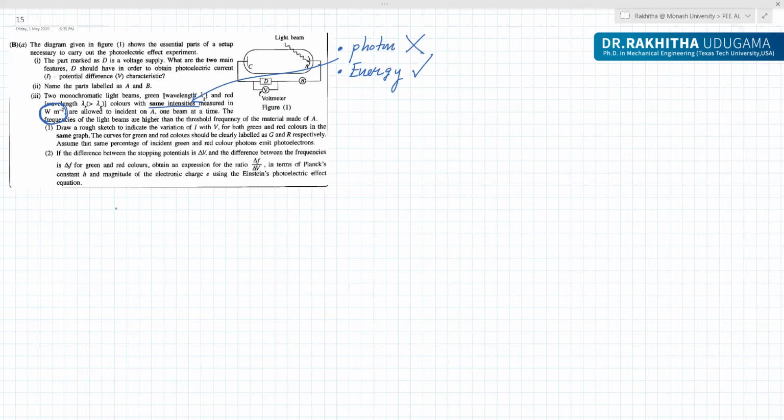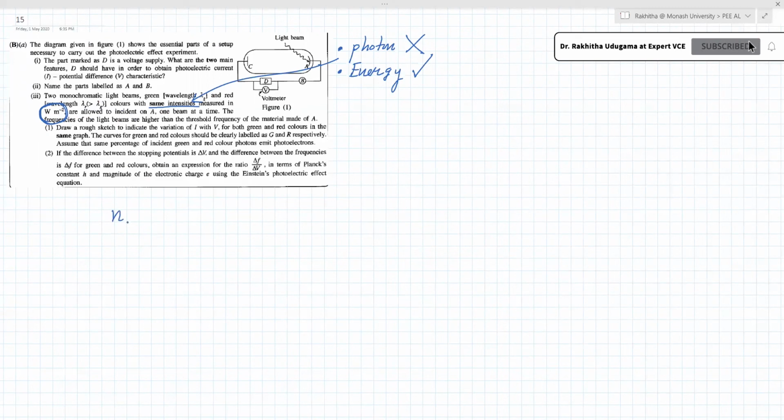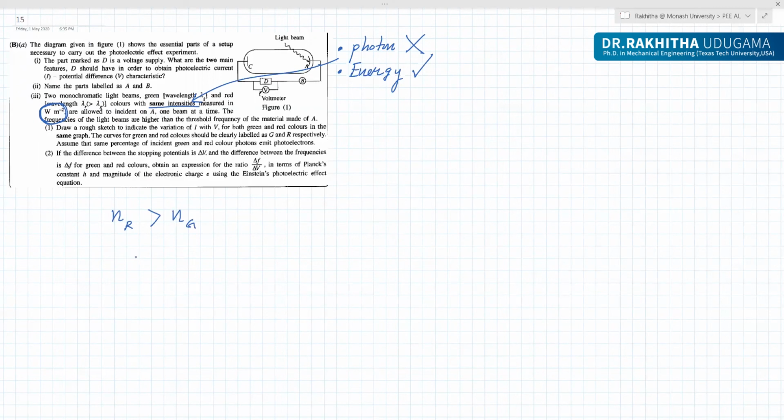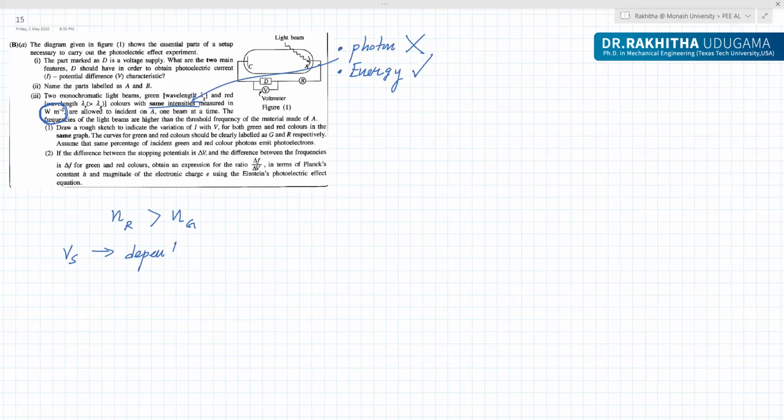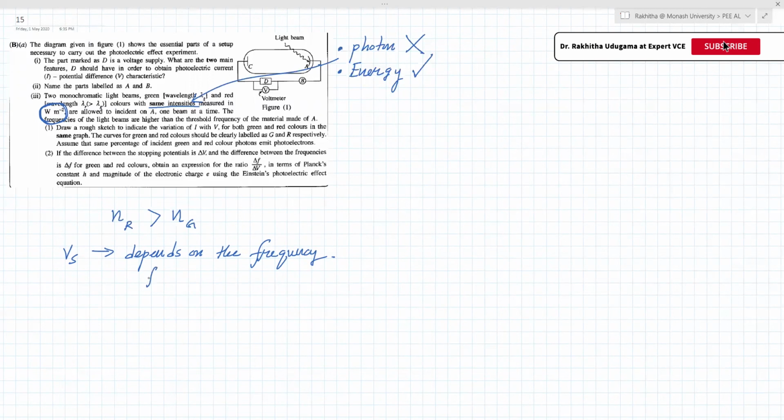So if I redo this question, now number of red photons is greater than number of green photons. And they're talking about different stopping potentials. Stopping potential, V_s, depends on the frequency, and we know that the frequency of red is less than the frequency of green.